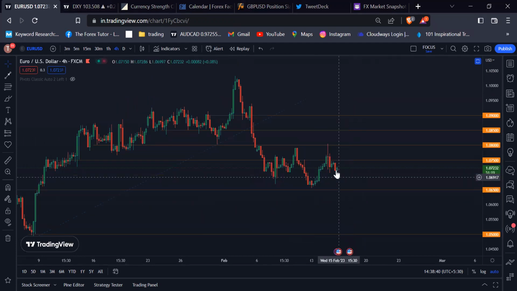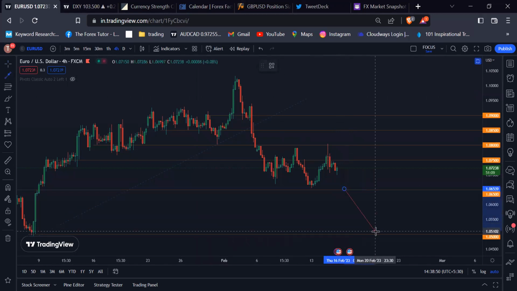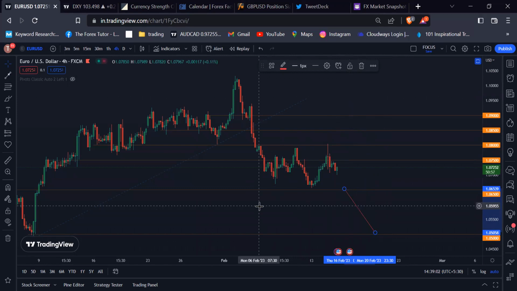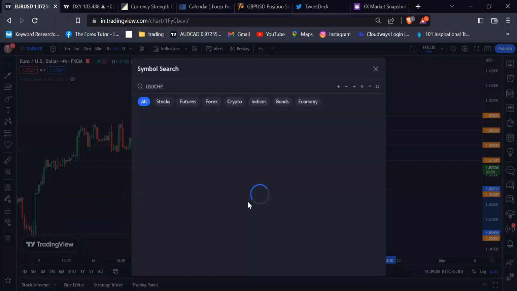If the EUR/USD breaks the 1.06500 psychological number, then your first target should be the 1.0500 psychological number. You can set your stop loss around 1.07500 psychological number.